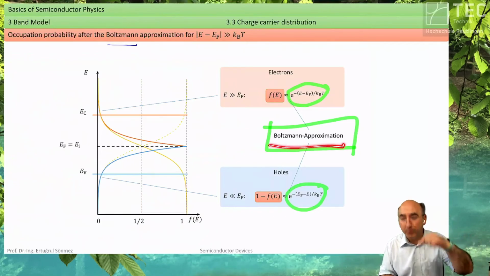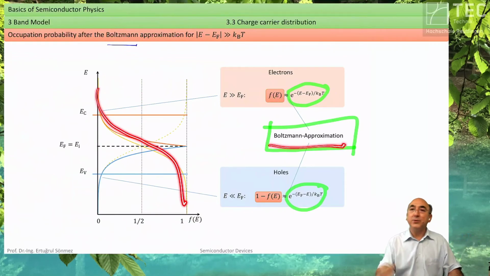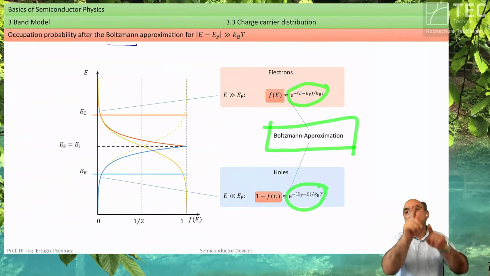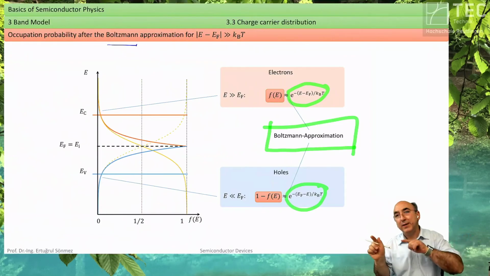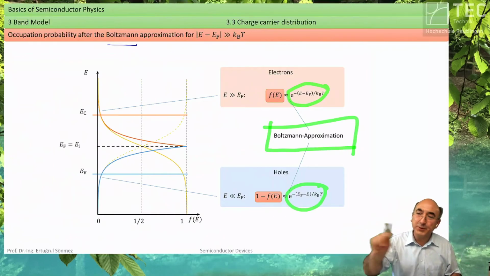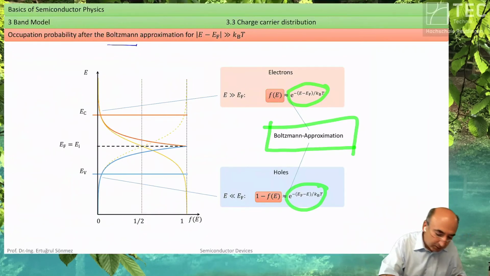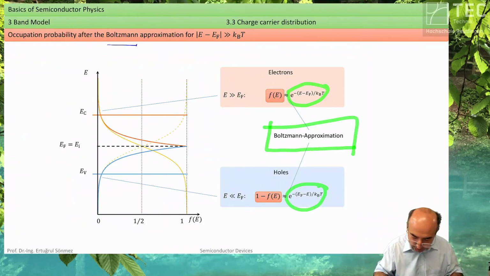And the basis for the Boltzmann approximation is the Fermi-Dirac statistics. So due to the Fermi-Dirac statistics curving shape, we have an exponential current increase with the voltage in the diode. So therefore, we have e to the power of something. Okay? So this linkage I wanted to set into your mind at least once.